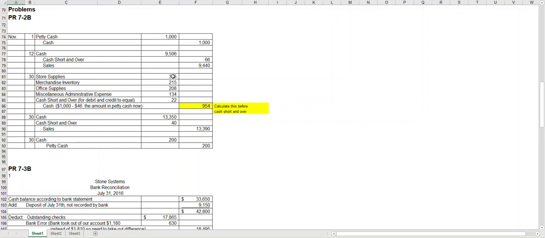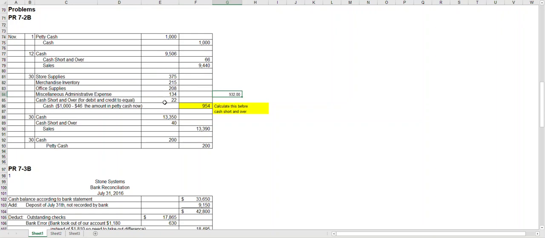Now, these receipts here do not add up to $954 when you add those 4 together. In fact, I'll do it to the side here. Oh, I did it in the wrong place. Excuse me here. Let me do it to the side right here. Those receipts added up to $932.